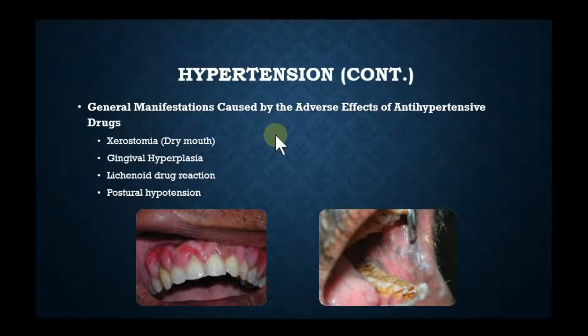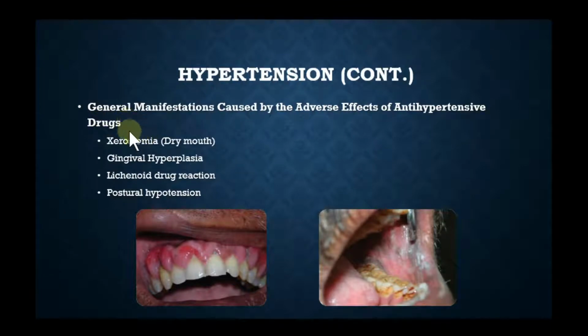Sometimes hypertensive patients are on a variety of medications. These medications might cause oral manifestations, and sometimes the patients might come to our clinic complaining of these manifestations. So it's important to know the adverse effects of antihypertensive drugs.